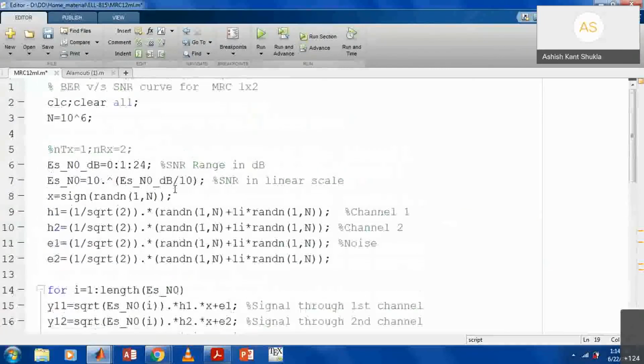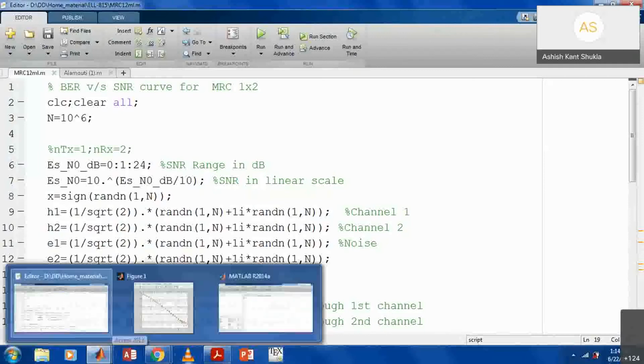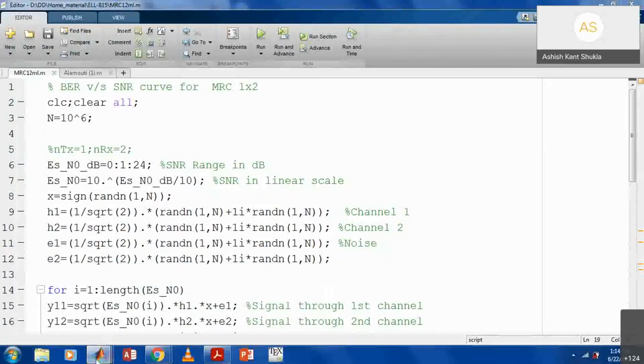So I'm running this code. Since the number of samples is quite huge, it might take time.